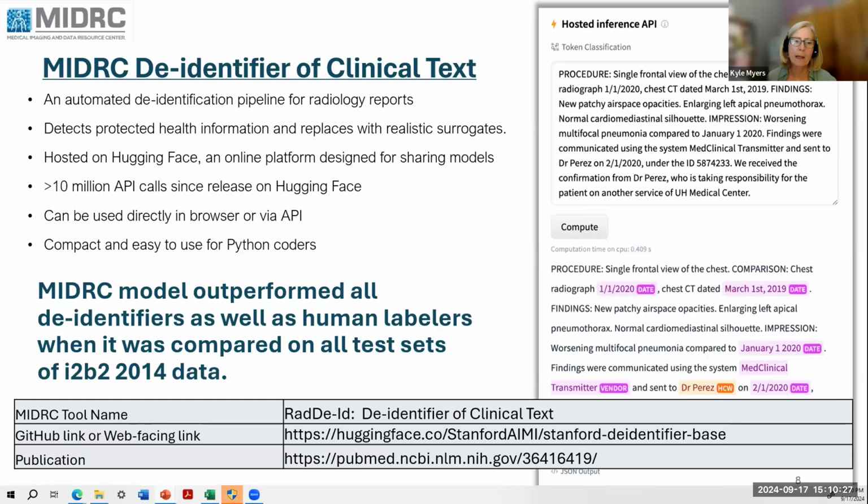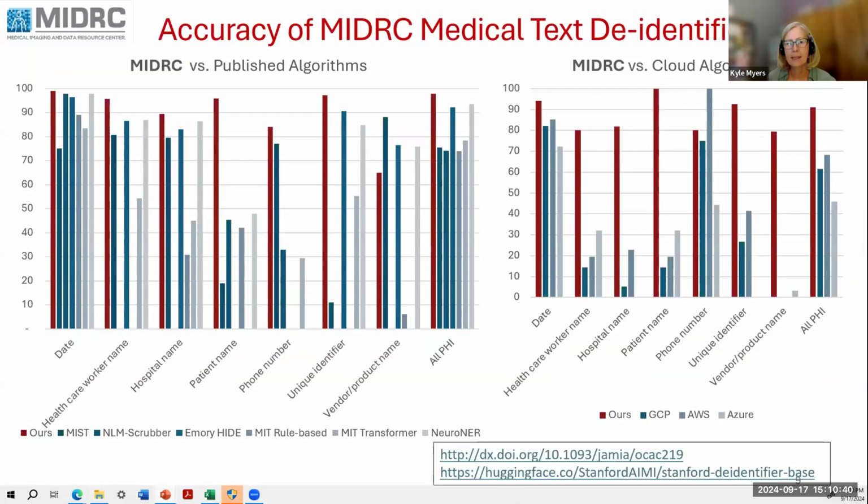So MIDRC evaluated this model against both automated tools in the literature as well as human labelers using the informatics for integrating information to the bedside data set. And you can see the accuracy of the MIDRC medical text de-identification algorithm shown here. The MIDRC algorithm is the one that pops out in the red histogram bars.